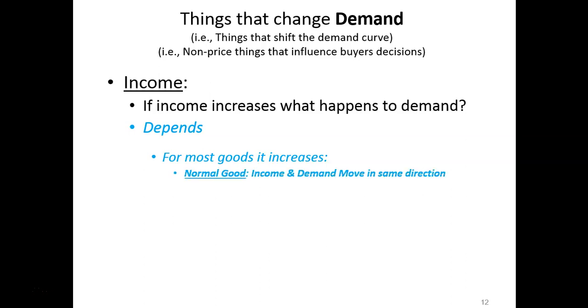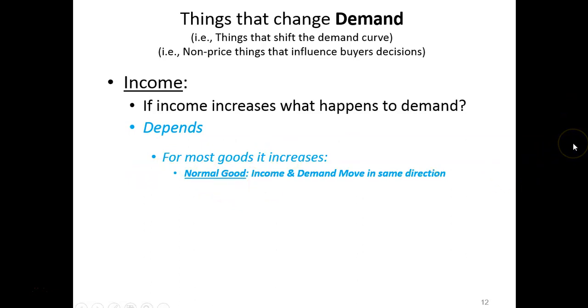Okay. Because that's true for most things, when income and demand move in the same direction, for example, if income increases and demand increases, that's going to be called a normal good. And by the way, that's the definition of normal good. And again, if you're taking micro, you need to know that.